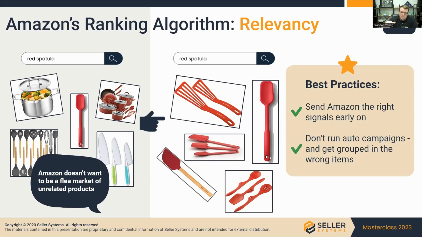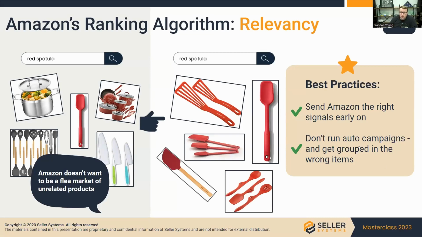You might be locked down to like position 25 to 45, the bottom of page 1 onto page 2 range, no matter how good your performance is. So the way to establish better relevancy would be to rewrite your listing and send them the right signals. That's why keyword research is so important. That's why understanding how the algorithm works is so important.